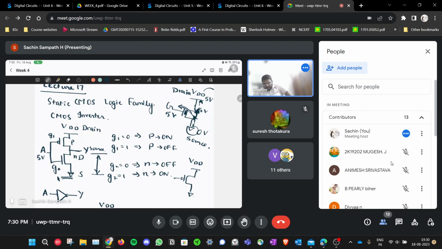So when you give a low voltage to the gate, that will cause the electrons to go from this high voltage to this low voltage.